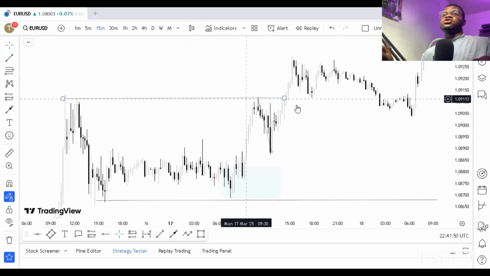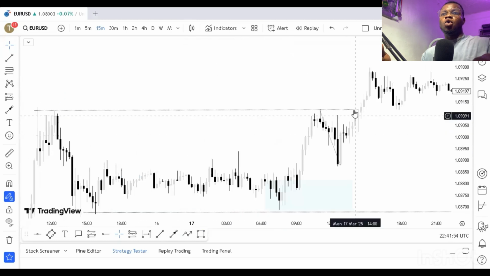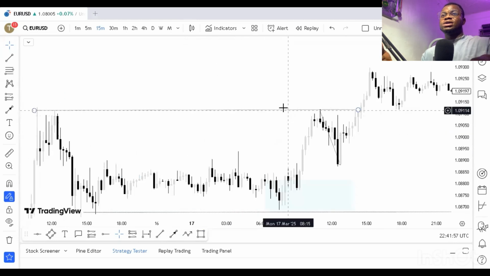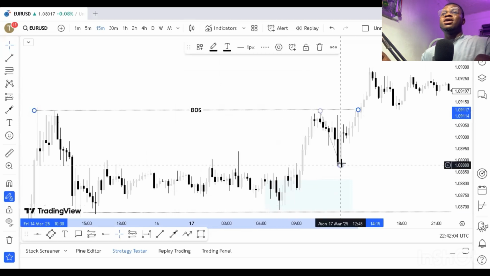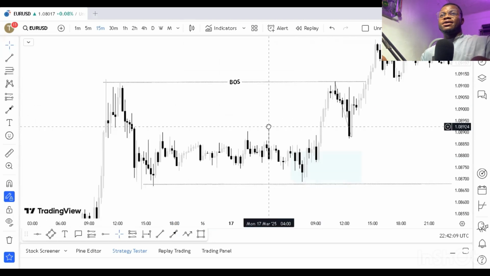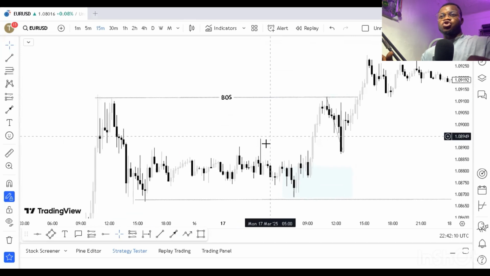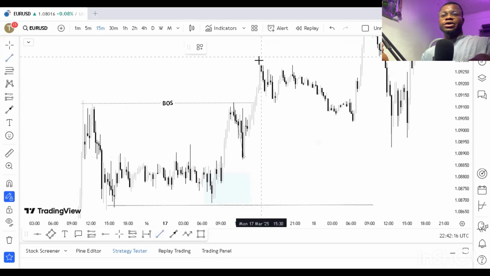Break of structure occurs immediately price breaks above your previous high. So immediately price breaks above it, boom, we have a break of structure. This break of structure validates the structure. You can see immediately after that we have our new high.